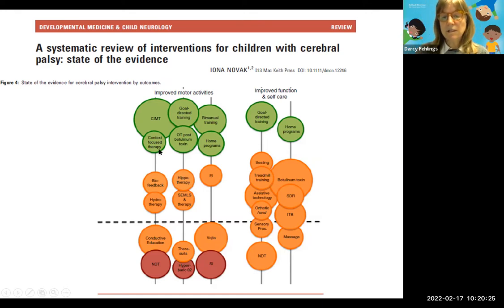And then there's, of course, the in-between where we need more information. The other thing about the diagram is that the size of the bubble represents how much evidence there is. So in 2013, if we look at the green bubble for CIMT, we see it's quite large, one of our largest bodies of evidence that constraint-induced movement therapy can improve motor function and activities for children with hemiplegic cerebral palsy.